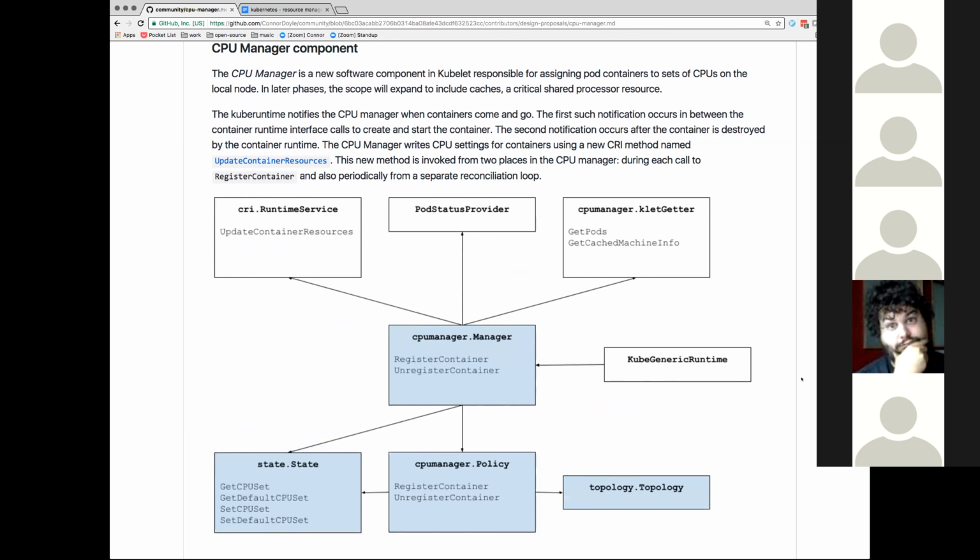So the CPU assignment is set in between create and start. And so if start fails, I'm not entirely sure how the logic goes inside the kube runtime for that. Seth or Vish, do you know what happens if that occurs?